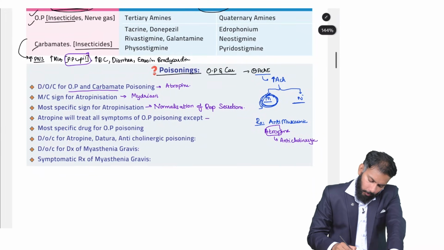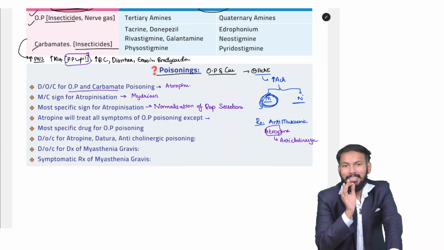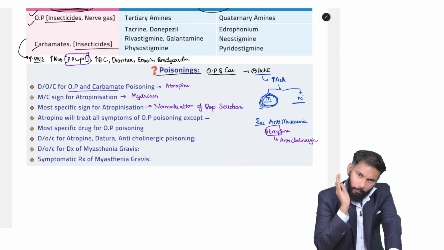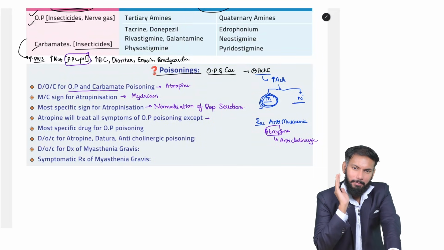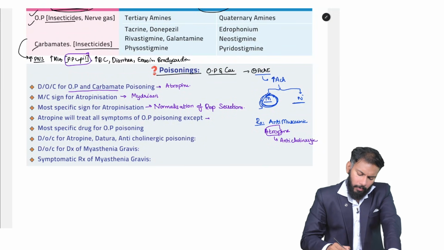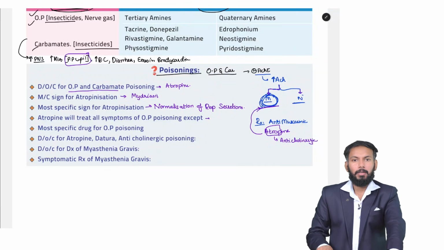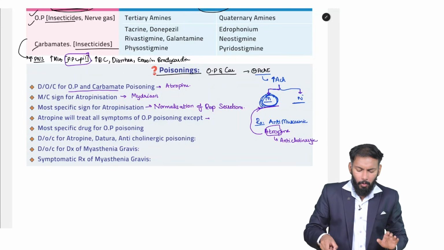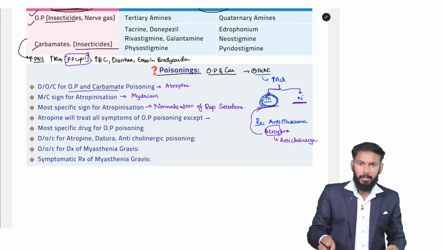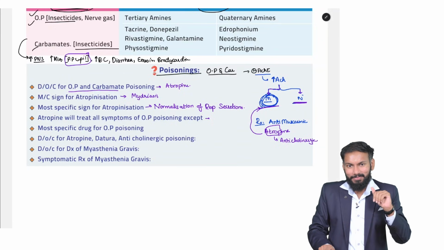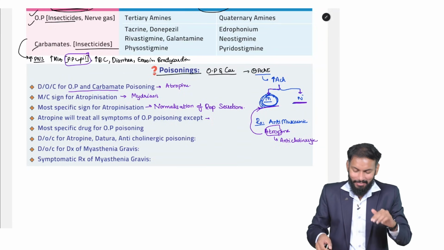Now, the most important thing: atropine will treat all the symptoms of organophosphate poisoning. True, except which symptoms? I told you acetylcholine will act on both muscarinic and nicotinic receptors. So whatever effects you are getting with muscarinic receptors, atropine will block. Now, what about the nicotinic receptor? Nicotinic receptor is also present in the somatic nervous system.